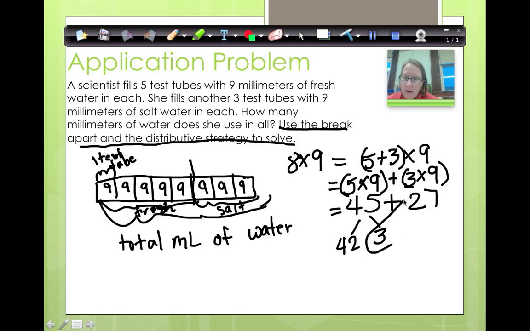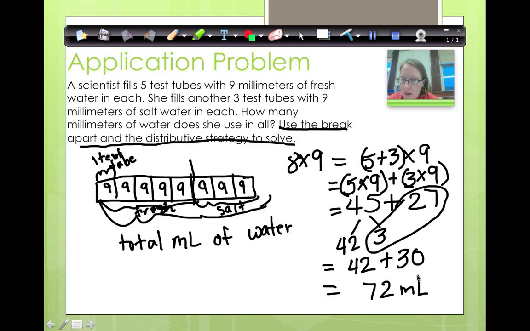Here's my 10. So what's my 10? Now my 10 is 42 plus 30. Oh, that's easy. Our ones are the same. We add 4 and 3, and that is 7. 72 milliliters of water. Okay?